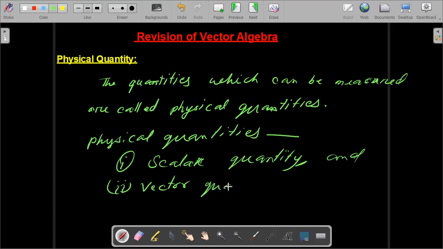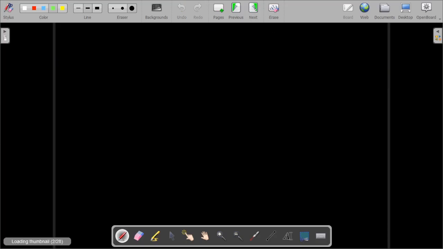So what is a scalar quantity? Those physical quantities are called scalar quantity which have only value, right? But no direction. Okay.